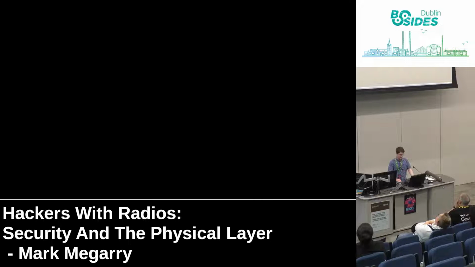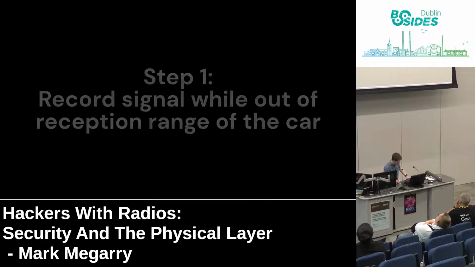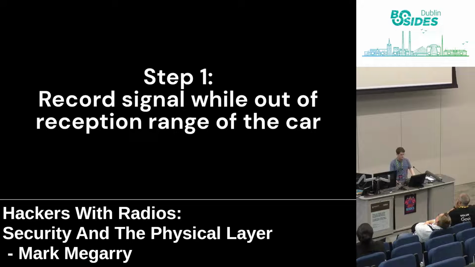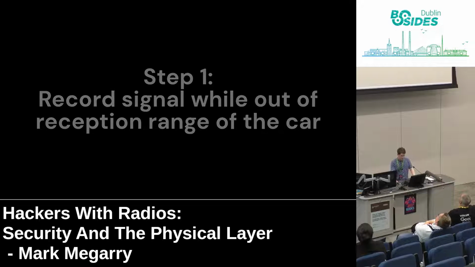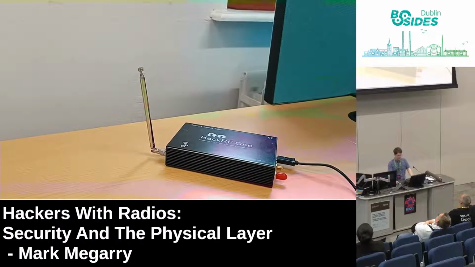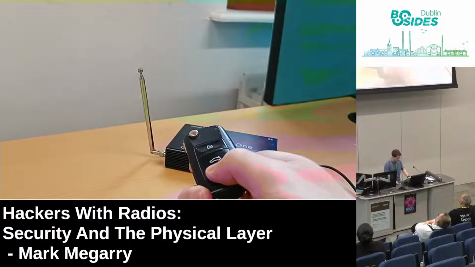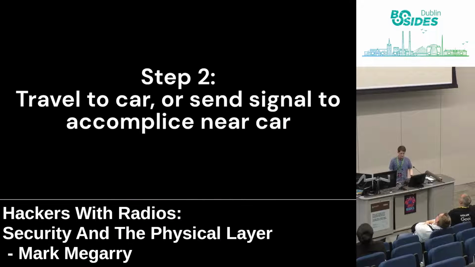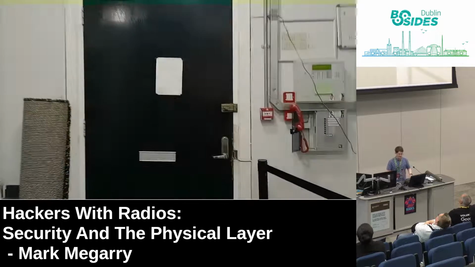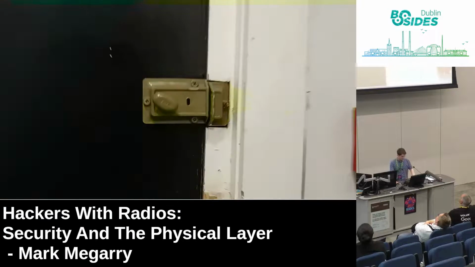So here's a quick demo of how that might look. I'm at my desk, far away from my car, with the HackRF. I press unlock, I record that, and then I walk some long distance to my car where it was out of range.